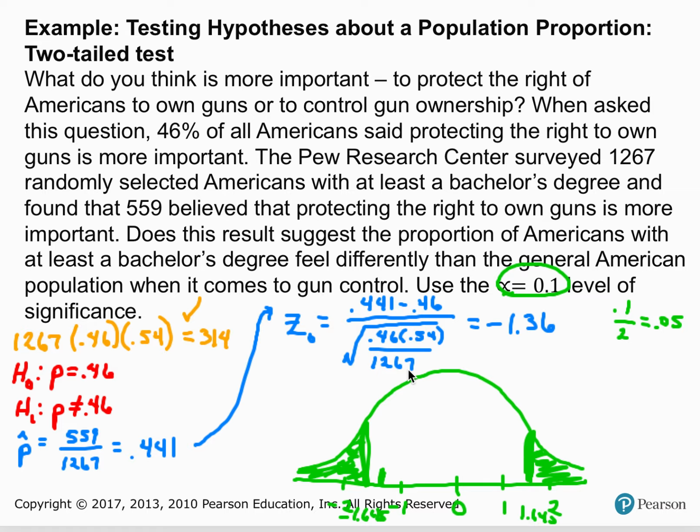Okay, that's the classical approach. All you do is look for your Z value. Okay, and I find my level of significance gives me the Z value that I'm testing it against.